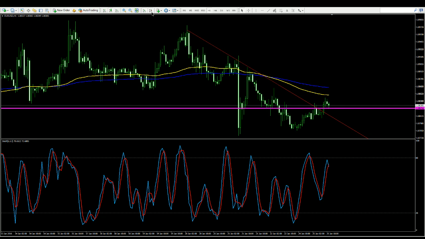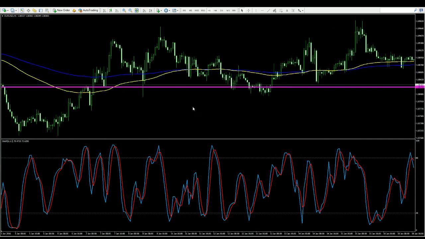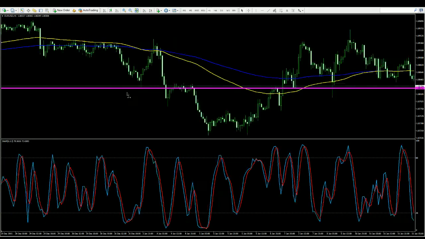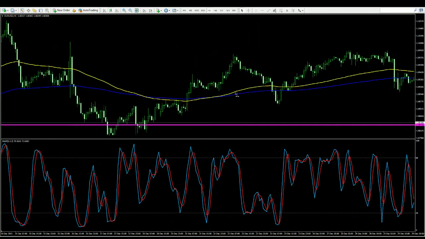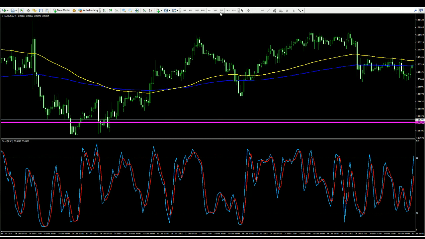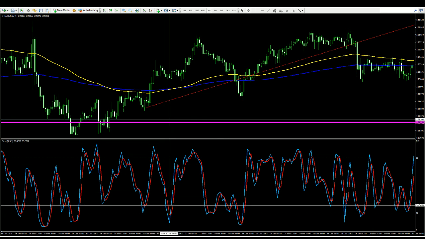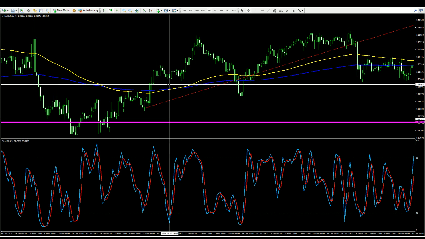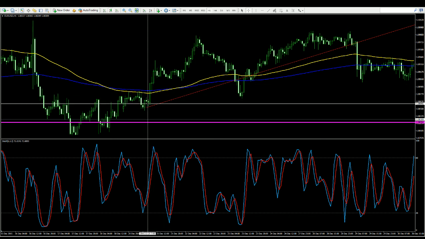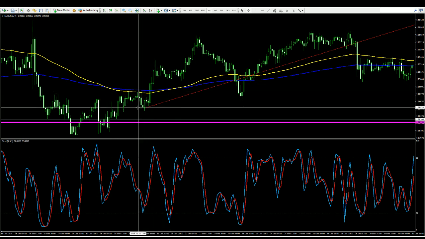The same goes for an uptrend. Let's find a clear uptrend here. This isn't bad. Here you will see you had an oversold area up here while the previous one was down here below the EMAs.